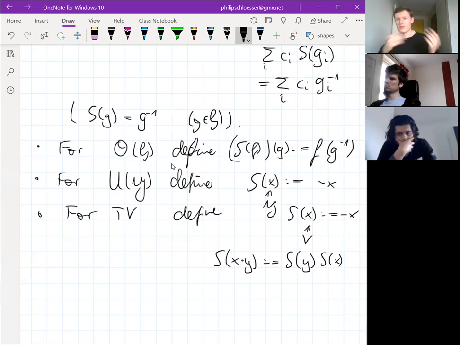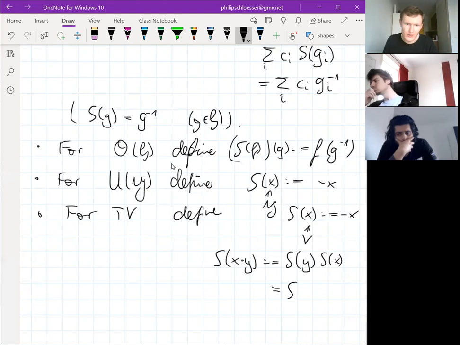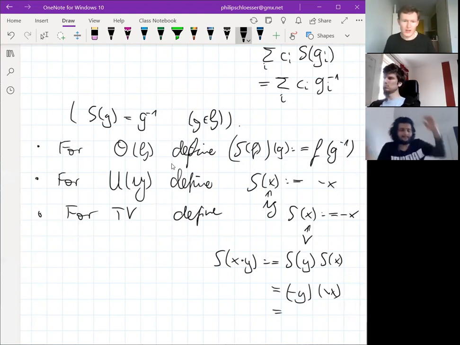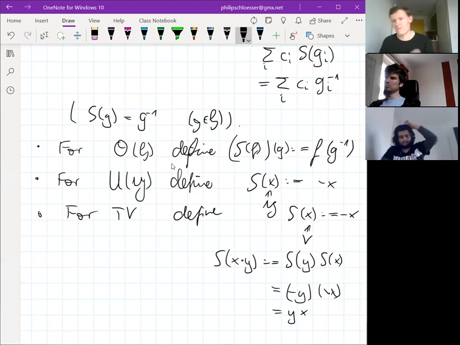And if x and y are actually elements of the vector space, then we can look it up and see that this is minus y times minus x, meaning that on degree 2 elements, it actually just reverses order.